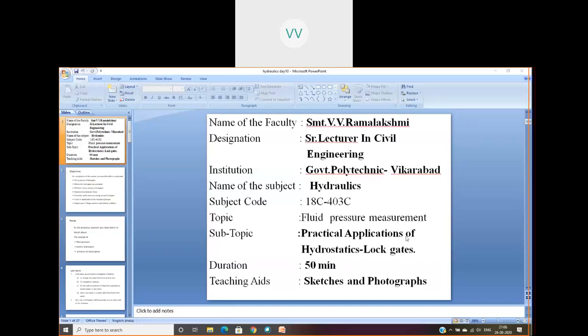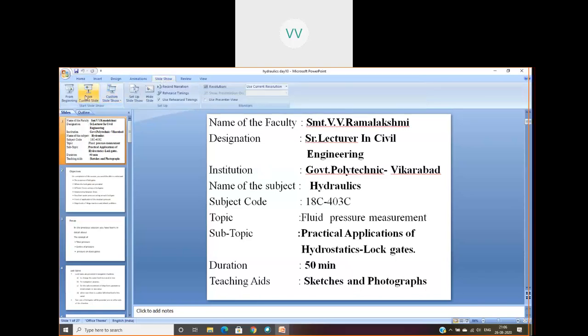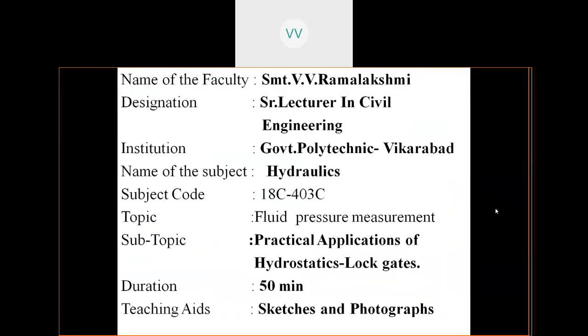So let us go into details of the applications of hydrostatics. Students, in the previous class we had seen the sluice gates, which were openings inside the dams or to the sides of the canals.